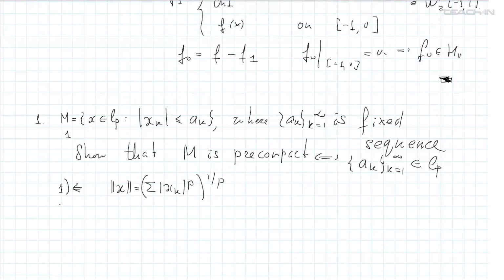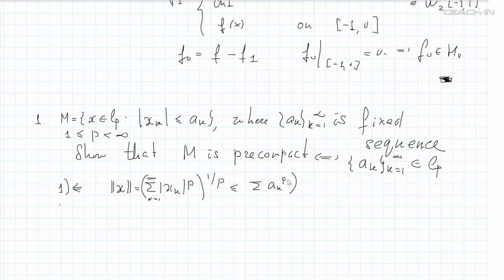But let's add the condition that p is a finite number. Then by the majorant, we can change x_k by a_k.